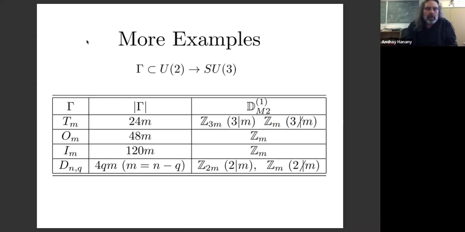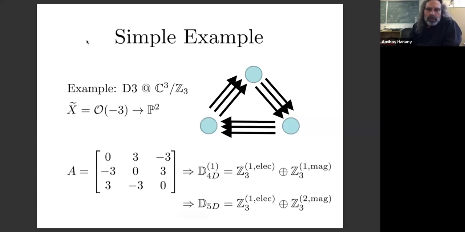Yes, please. If you look at this example and you look at the case where you compute the F-flat moduli space, but not taking the gauge invariant combinations, right? So you get a 5-dimensional space, which is a cone over 2 P2s.